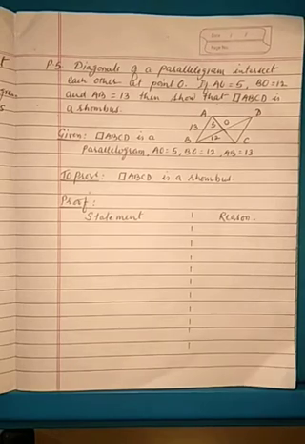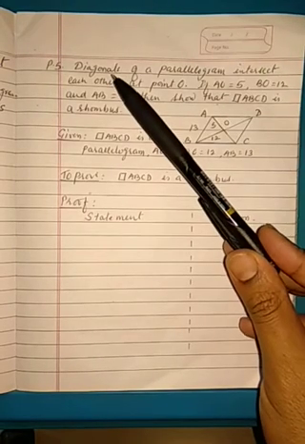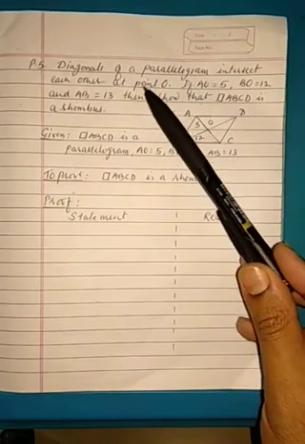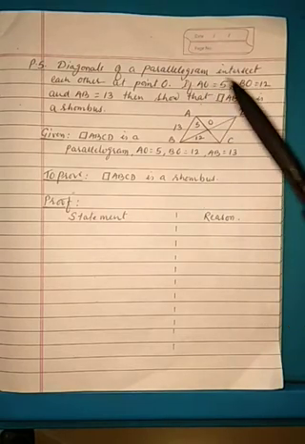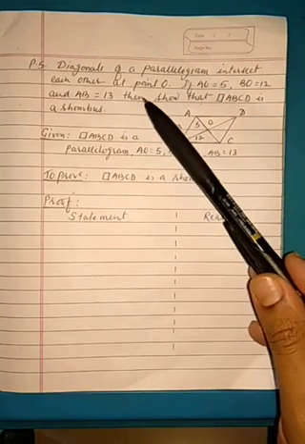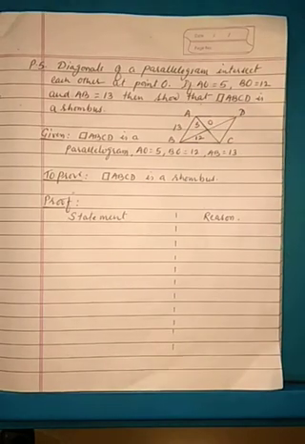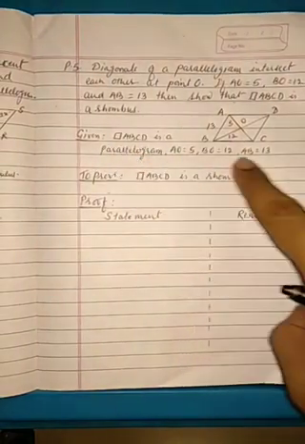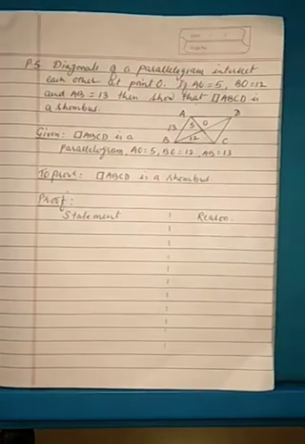Students, let's start problem number 5 from 5.1. Diagonals of a parallelogram intersect each other at point O. If AO is 5, BO is 12 and AB is 13, then show that quadrilateral ABCD is a rhombus. So you can write the given data from the question and what is to be proved, that is ABCD is a rhombus.